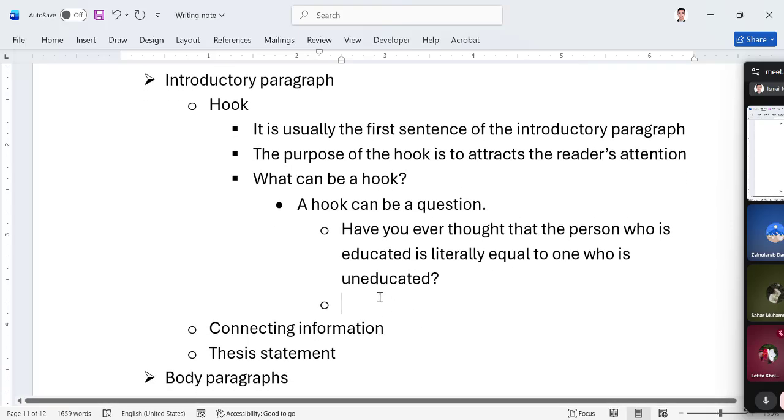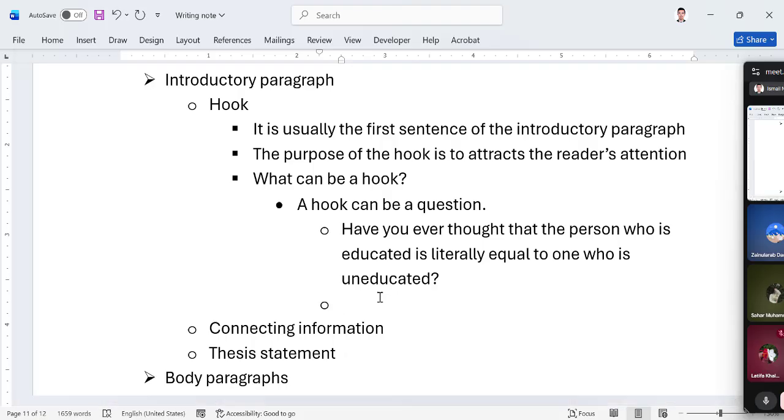Or simply, consider I might write about technology, or the effects of technology on our lives.